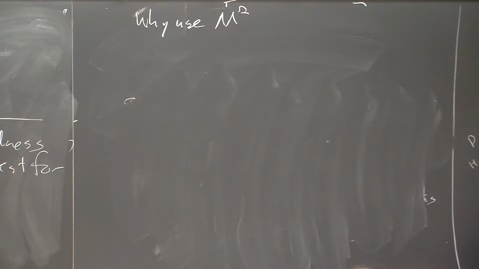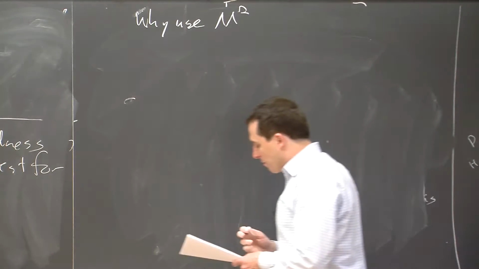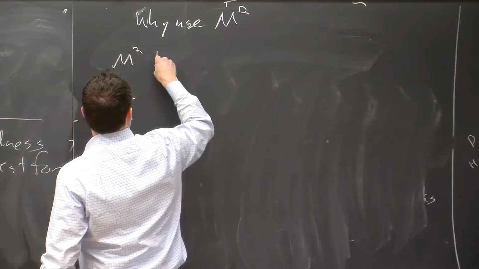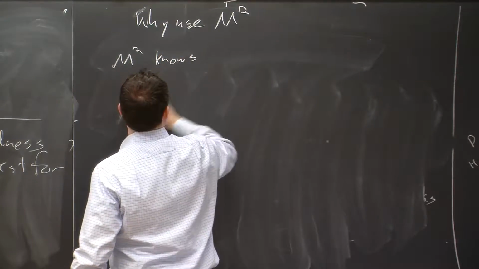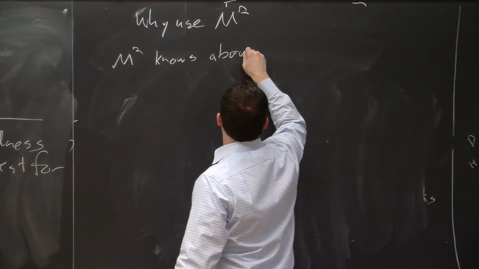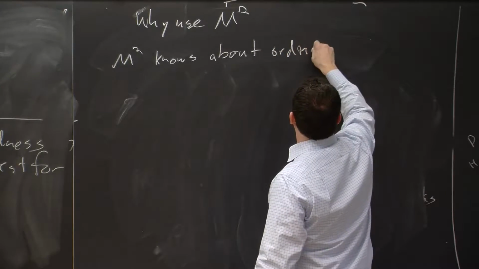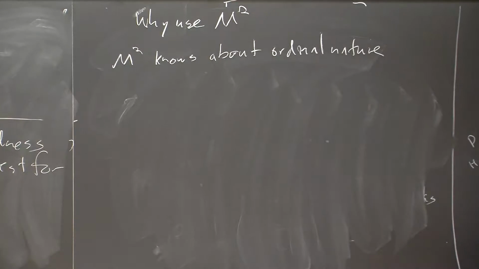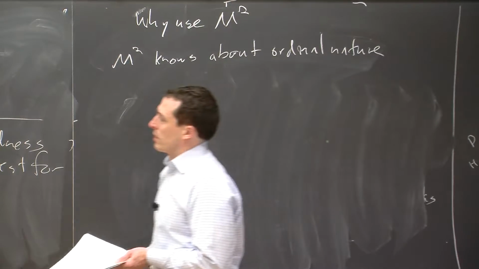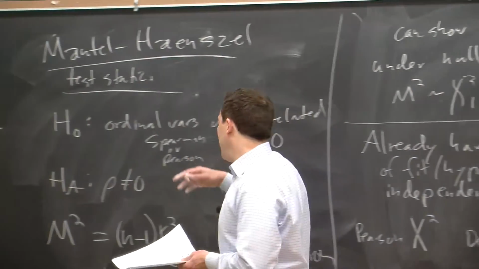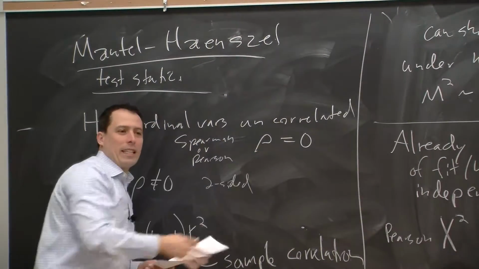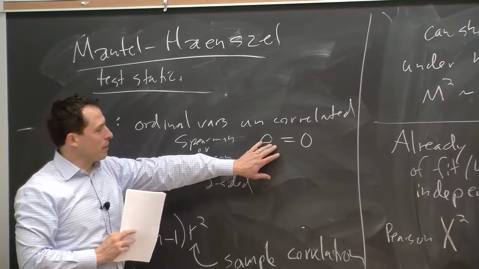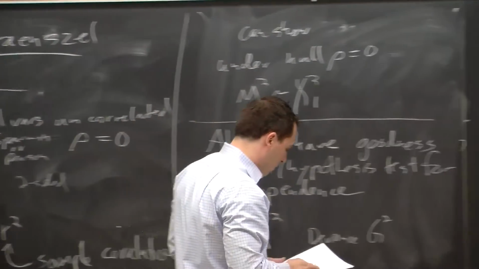So the idea is that because of the way we constructed it, m squared is aware of the higher hypothesis about the ordinal nature of the data, right? We're asking a very specific question. We're saying not are these related or not, but just are they linearly related after this transformation, right? Do they have this particular relationship?